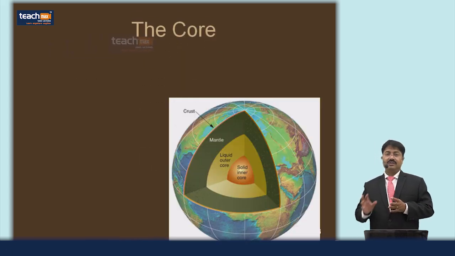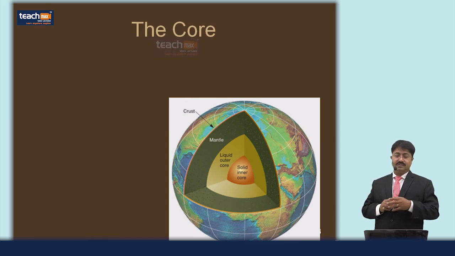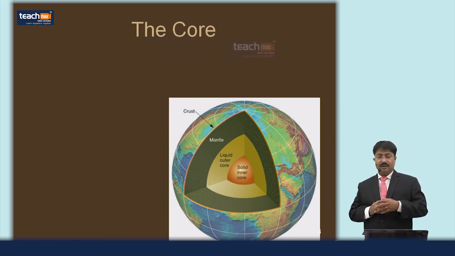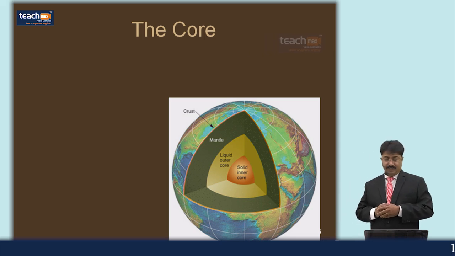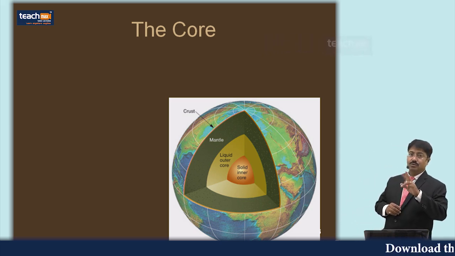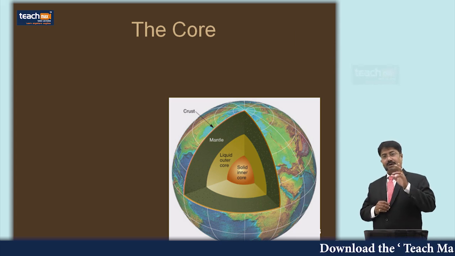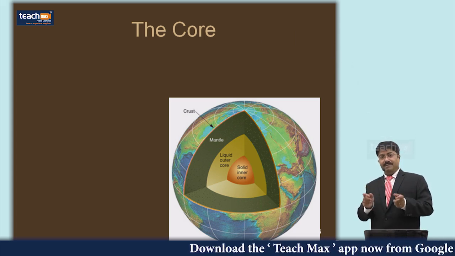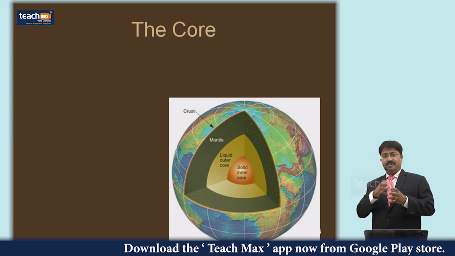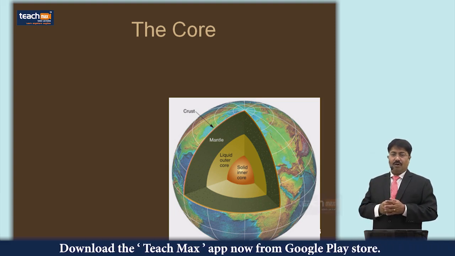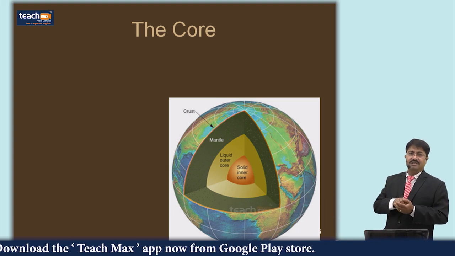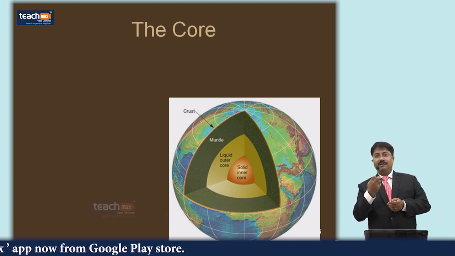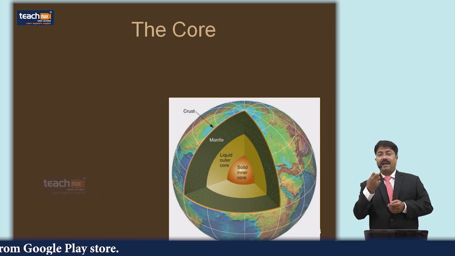And the last internal region of this Earth is called the core, which is again divided into 2 parts. The outer core appears to be a fluid media, a molten state of all the elements, while the inner core is a solid element aggregate.